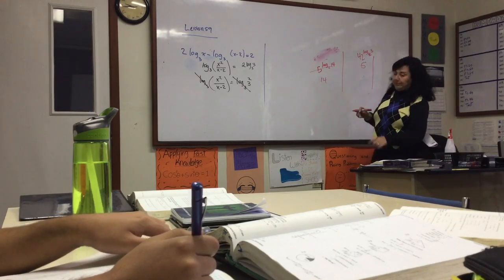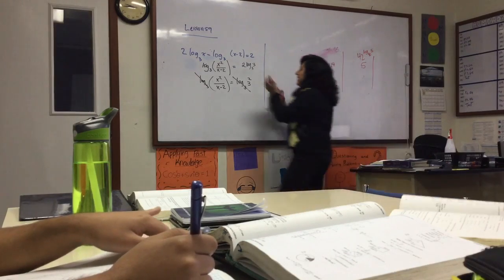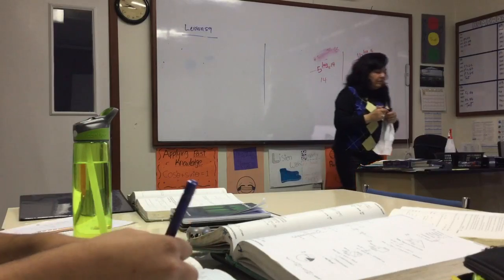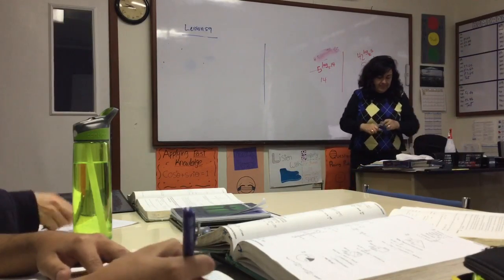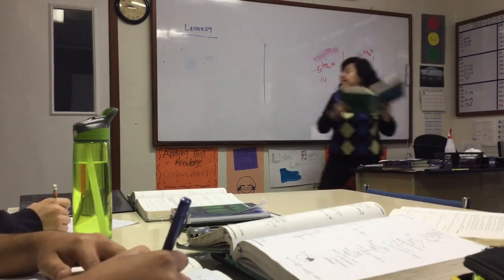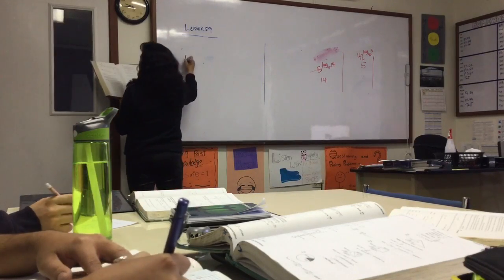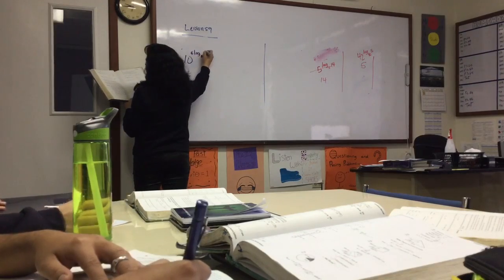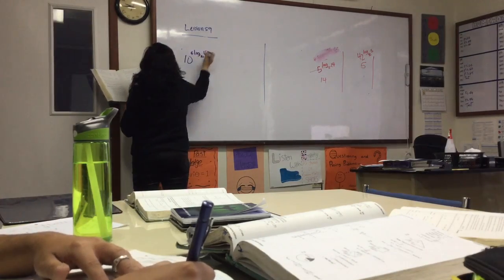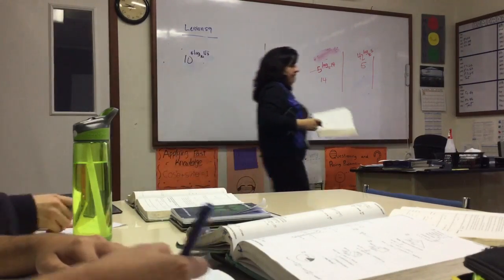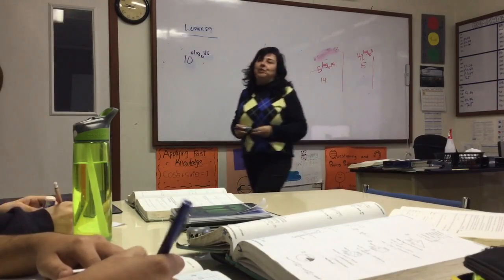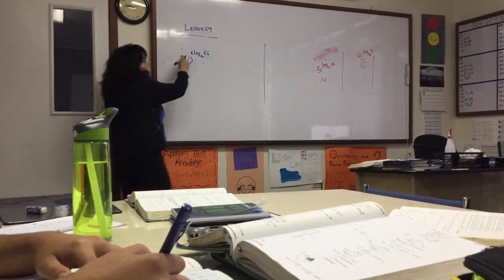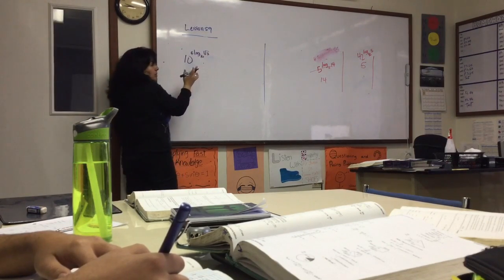Okay, try this one. This one complicates it just a little bit. 10 to the 4 logarithm base 10 of square root of 3. What's the first thing you have to do here? You raise the 4, because it's multiplying the logarithm, so you work exponents first.